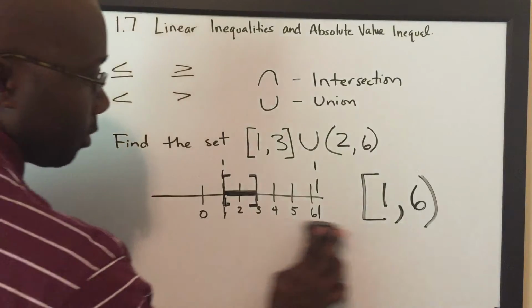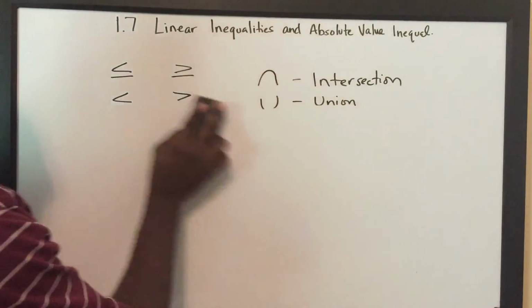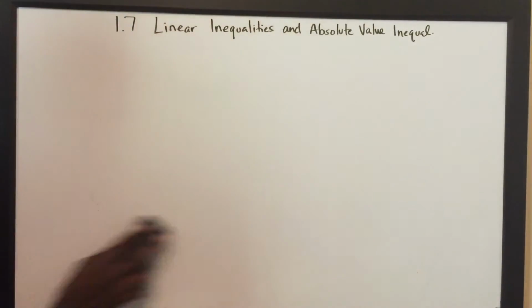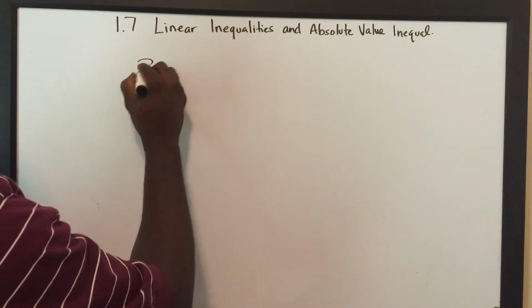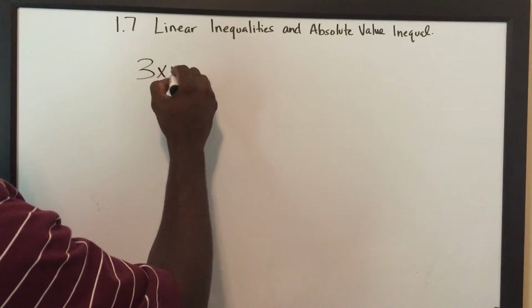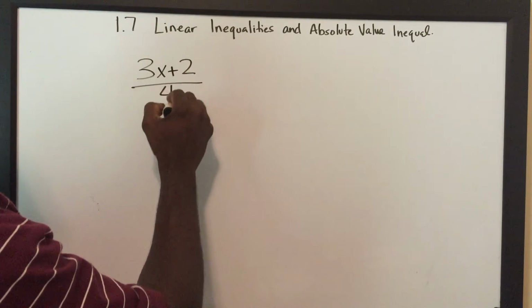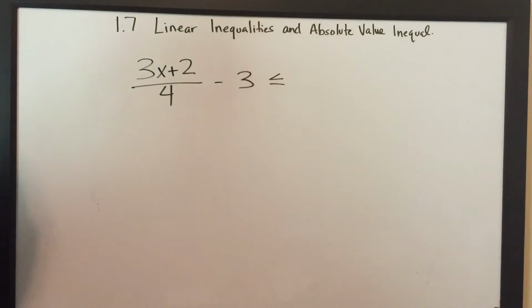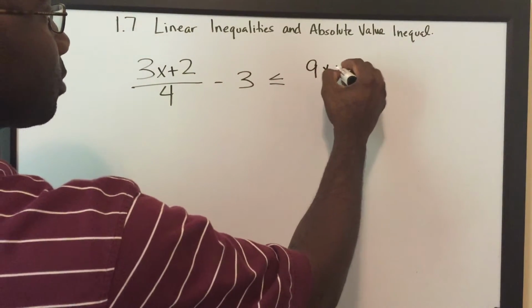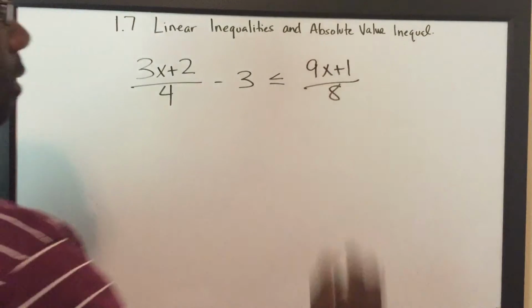Okay, so I'm going to erase this, and now we're going to solve some problems. So if we had a problem similar to, let's say, 3x plus 2 over 4 minus 3 less than or equal to 9x plus 1 over 8.